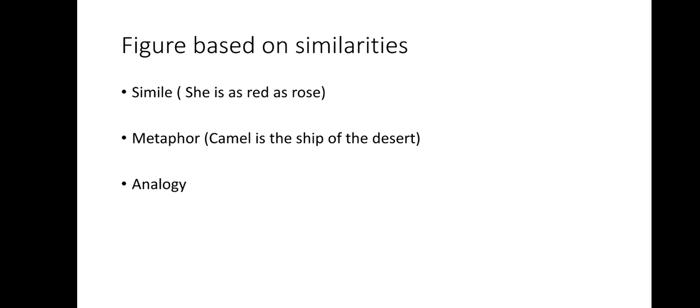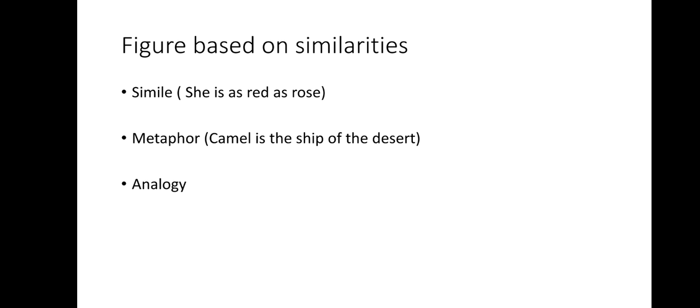The way we use camel, we use camel in the desert, and we call the desert the ocean of sand. Okay, so just like the ship which we use in the ocean, camel also serves the same purpose in the desert.